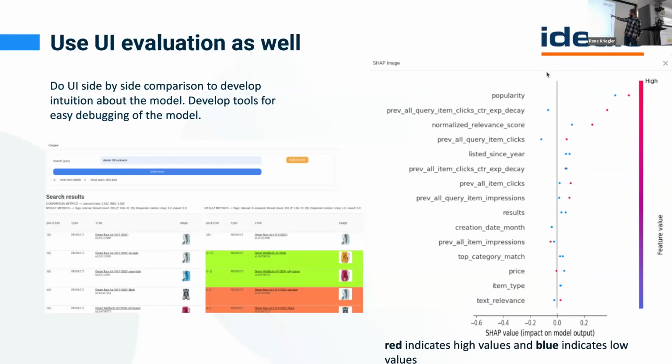So for example, here popularity has a red color, so it has a high value. For another item, the popularity is blue, so it has a low value. It's basically the number of lead-outs. A high value of lead-out popularity has a positive impact on the ranking.